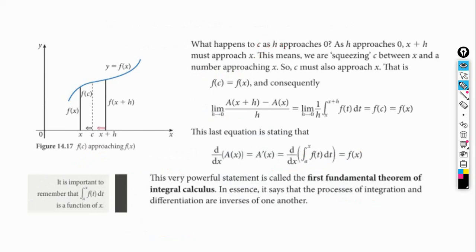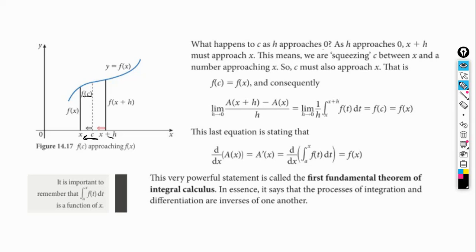So what happens to c as h approaches 0? As h approaches 0, x plus h must approach x. So we're squeezing c between x and a number approaching x. Because this is the mean value, if h gets smaller, x plus h gets closer and closer to x.